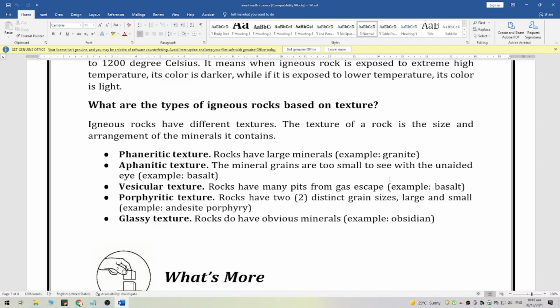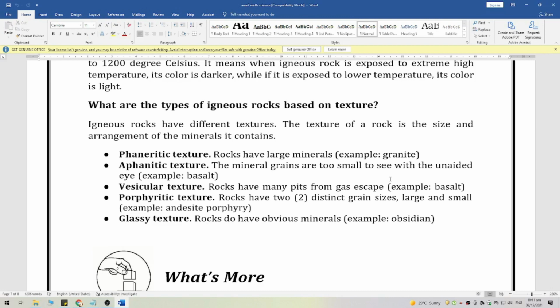Halimbawa, si phaneretic texture, this type of rocks have large minerals. Halimbawa, granite. Si aphanitic naman, it's too small to see with the unaided eye. Halimbawa, basalt. Si vesicular naman, rocks that have many pits from gas escape. Halimbawa, basalt.